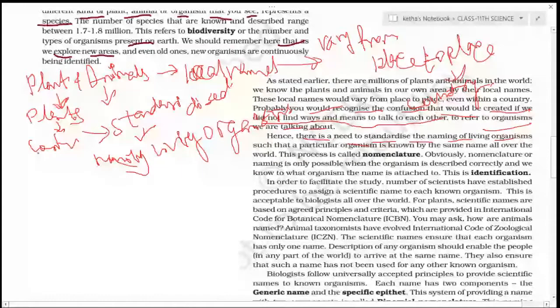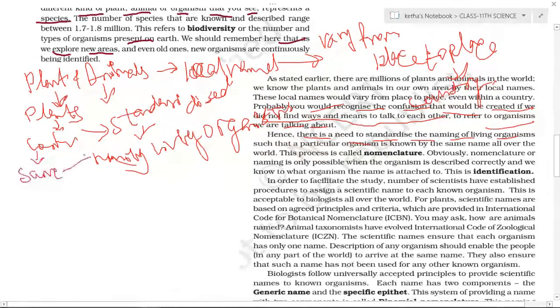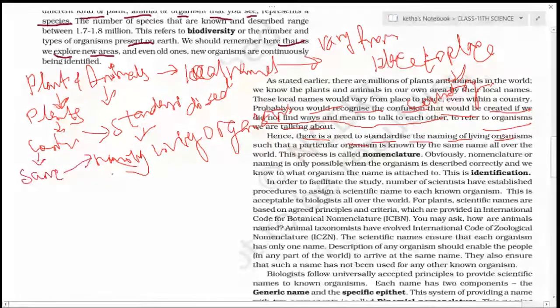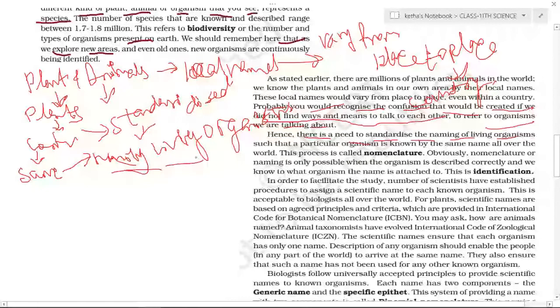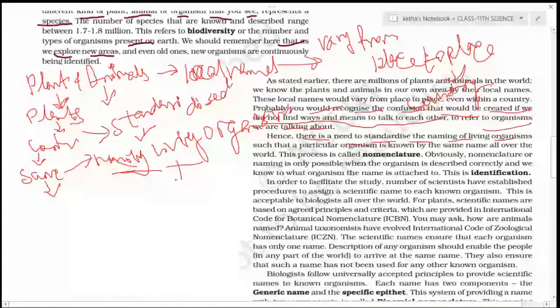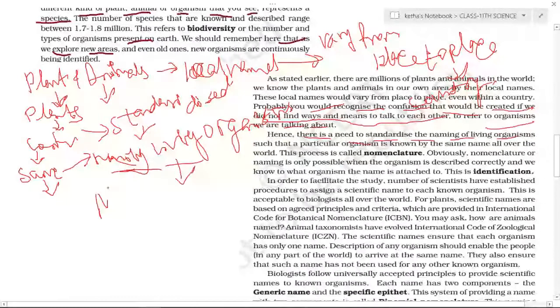If we standardize the naming of living organisms, then we can easily identify the species. So this process, standardizing the naming of living organisms, we will be calling nomenclature.